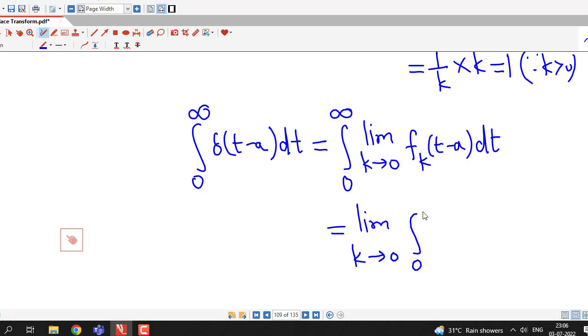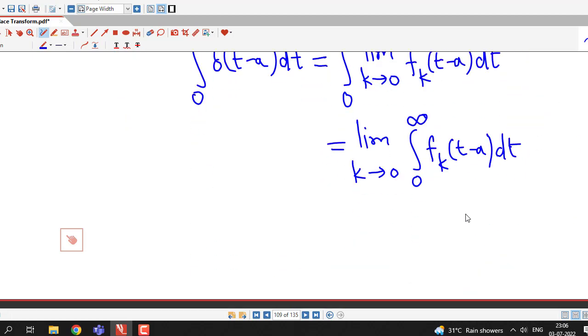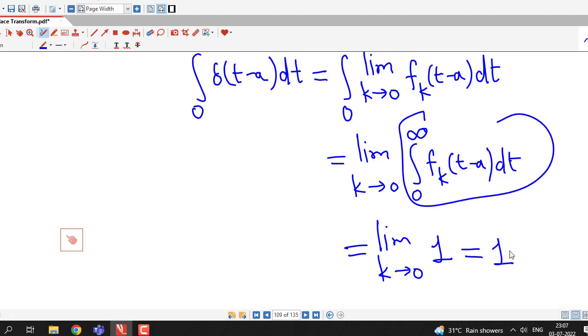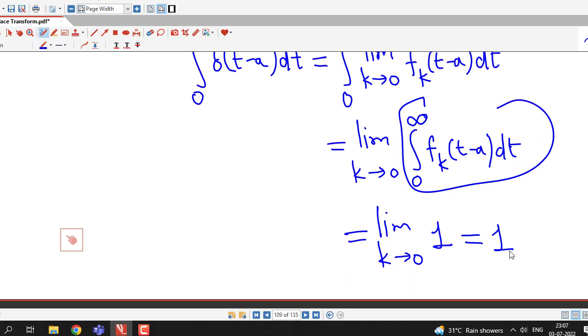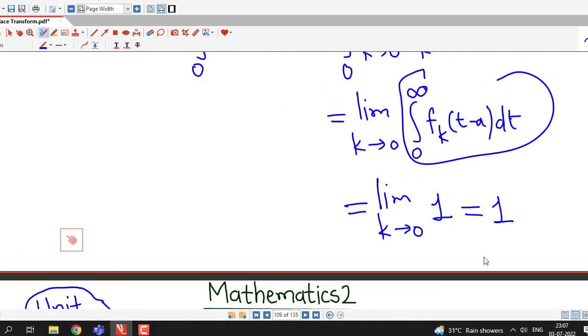This is the integral from 0 to infinity of this function f_k(t minus a) dt, and the integral of this function we have just obtained as 1. So we obtain the limit of 1. This integral has value 1, therefore we can prove that the integral of Dirac delta function along this interval 0 to infinity is always 1.